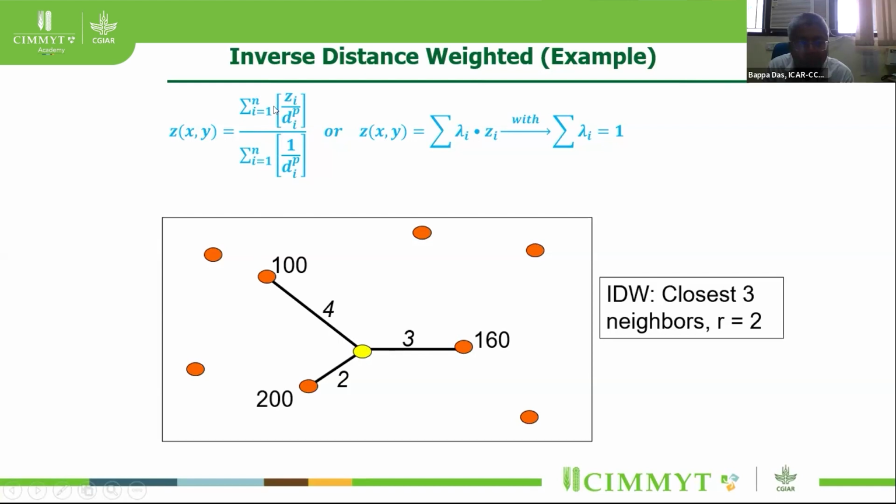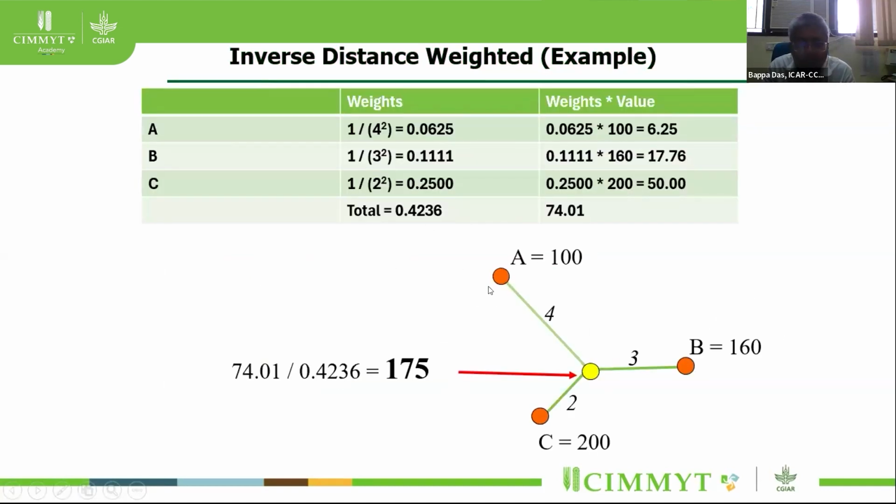So this is the formula. Here you can see the distance is in the denominator, that is, inversely proportional. Here we assume that the points which are closer to the unknown location are more alike compared to the points which are far away. So distance is used to calculate the weight in an inverse way. I have also shown how to calculate this unknown value.